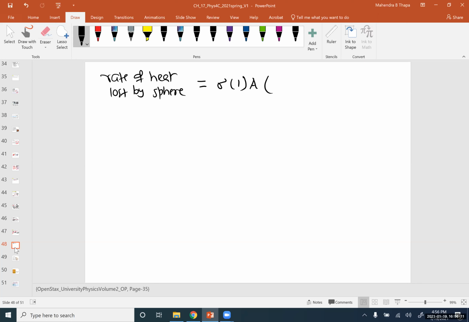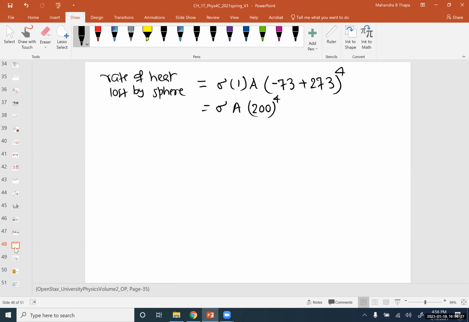Now it is losing the heat, so its initial temperature is 73, we convert to Kelvin, so add 273, power 4. So it will be sigma A 200 power 4.